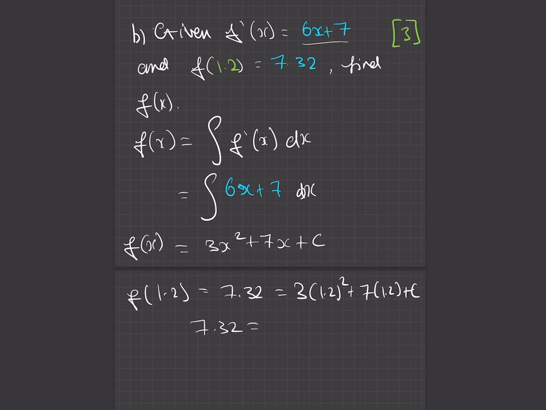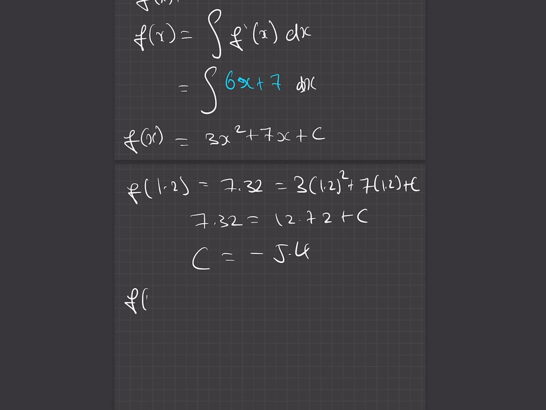So let me pull up my calculator. 3 times 1.2 squared plus 7 times 1.2, that's going to be 12.72 plus c. So c is going to be 7.32 minus that, which is minus 5.4. And so the final answer for f of x is 3x squared plus 7x minus 5.4.